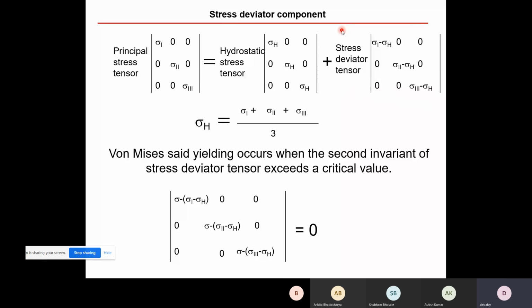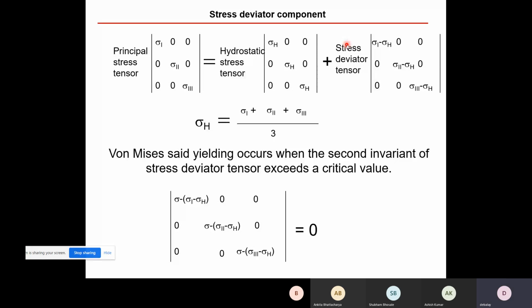Now von Mises has done some more derivations, and what he has tried to say is, okay, I have derived the stress deviator tensor and I consider it as a stress tensor, and I will try to calculate the principal stresses with respect to this stress deviator tensor. That means just considering that as an independent stress tensor, I will calculate the principal components of that tensor.